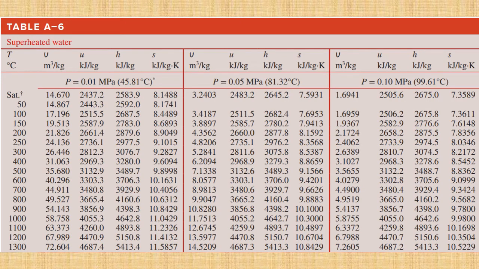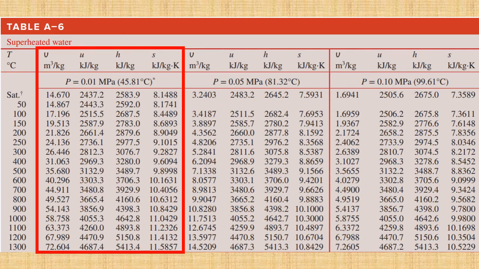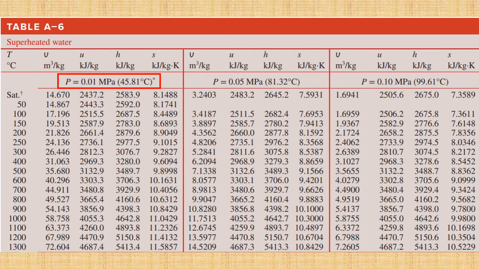Right away, we notice that table A6 is structured differently than tables A4 and A5. It is organized into boxes for various pressure values. The saturation temperature, where applicable, is shown beside the pressure in parentheses.